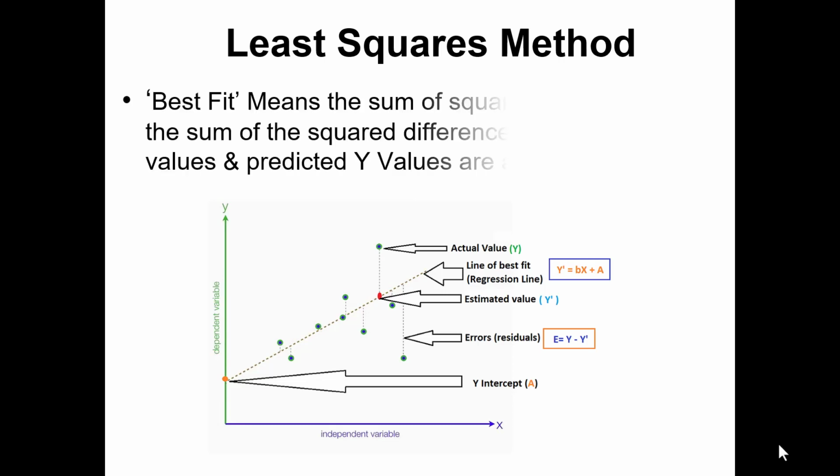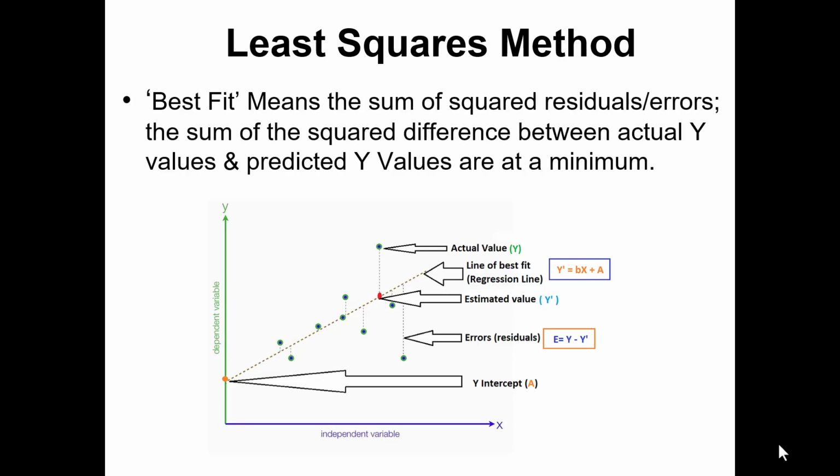So the best fit means that the sum of the squared residuals, or the error, or the sum of the squared differences between the actual y and the predicted y values, is at a minimum. And that's why this is a minimization mathematical problem, and if you remember your calculus, differential calculus can solve a minimization problem.